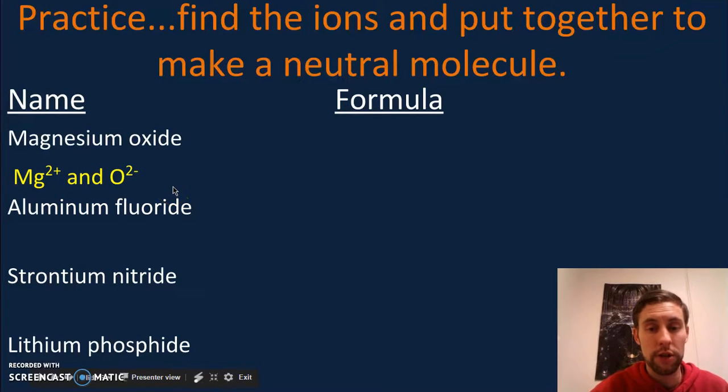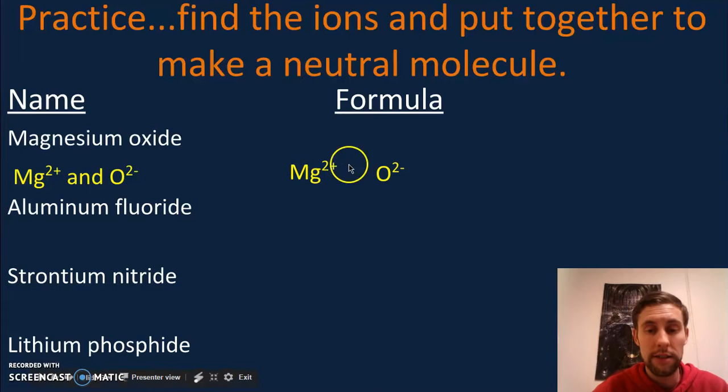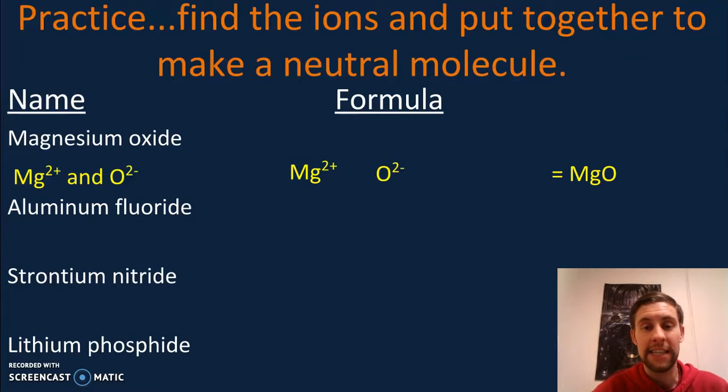Once we have the charges, we're going to put them together, and we need to do this until we have an equal number of charge. So our 2+ and our 2-, those add together to make 0. Our charges are even, they cancel out, so it's neutral, and we get MgO. That's your formula for magnesium oxide. Cool. It's nice and easy like that if it's an even charge on both sides.